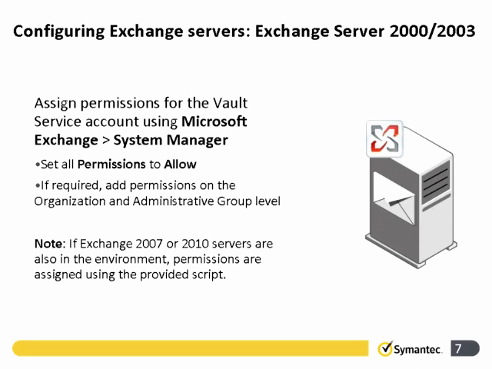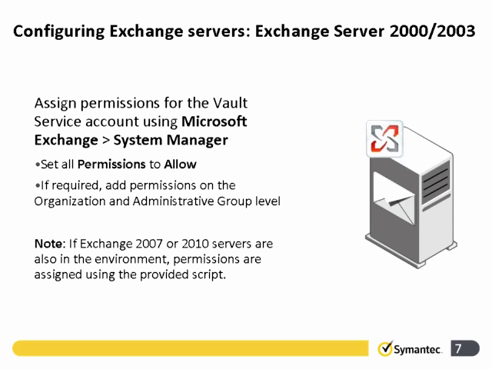So first we're going to look at configuring the Exchange servers for Exchange 2000 and 2003. You need to go through and configure the permissions that are specified in the installing and configuring guide, as well as the setting up Exchange archiving guide for the Vault service account. And you can use the Microsoft Exchange System Manager to perform this.